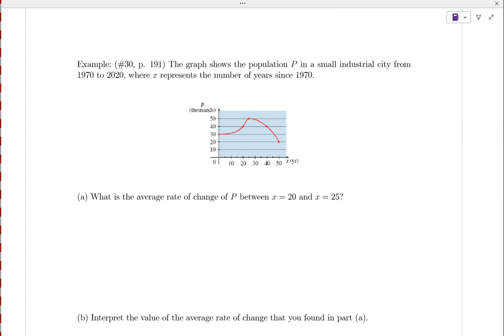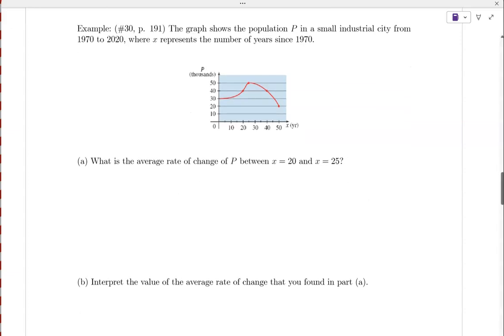It says the graph shows the population between 1970 and 2020, where they've set x equal to 0 to correspond to 1970. So then x equal to 50 would correspond to 2020. This one asks for the average rate of change between 20 and 25.